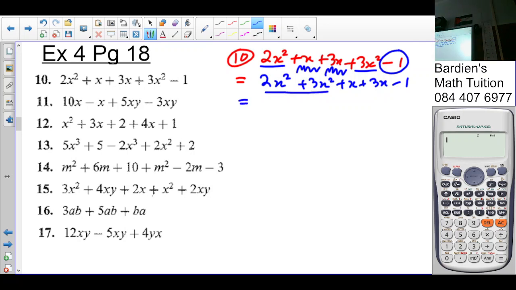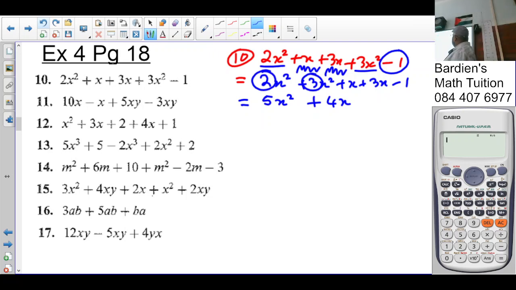So what is 2x squared plus 3x squared? Two plus 3? 5? People are caught here. Give her a chance. What is x plus 3x? 4x, yes? And the negative 1. Okay, it is written down.